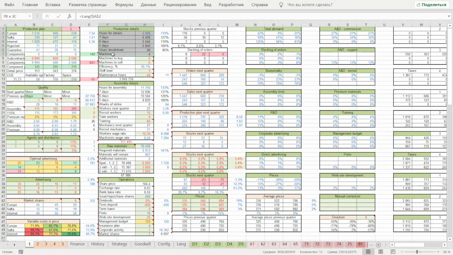Calculation of the number of hours for production details takes into account the number of available machines, stock of components, number of shifts, efficiency of machines, downtime, and percentage of rejected products. The total required number of hours is displayed in cell H2.